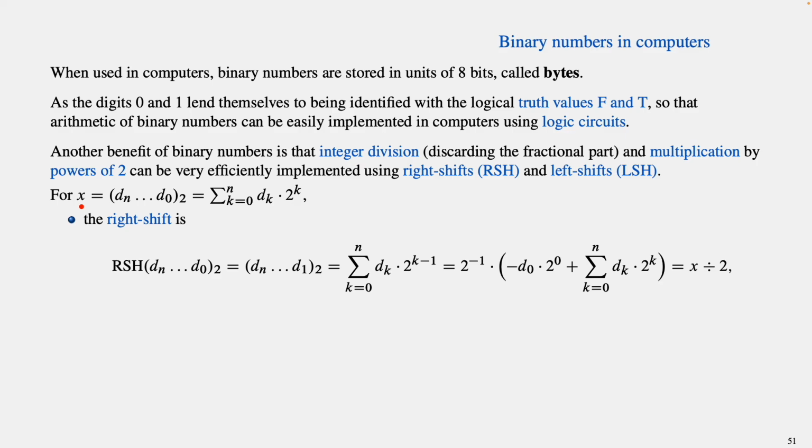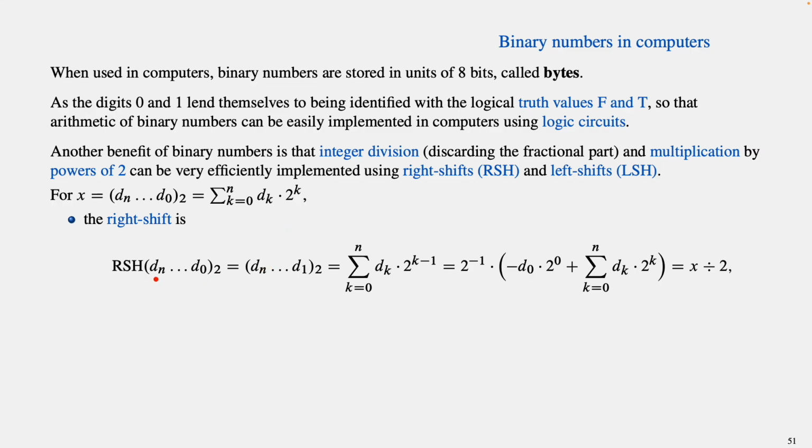So let's say x is our number, an integer represented by the bits d_n down to d_0 in the binary representation. And this we can write as the sum from k equal to 0 up to n of the bit d_k times 2 to the power of k. And then what the right shift does, it just shifts every bit here down to the next lowest power of 2.